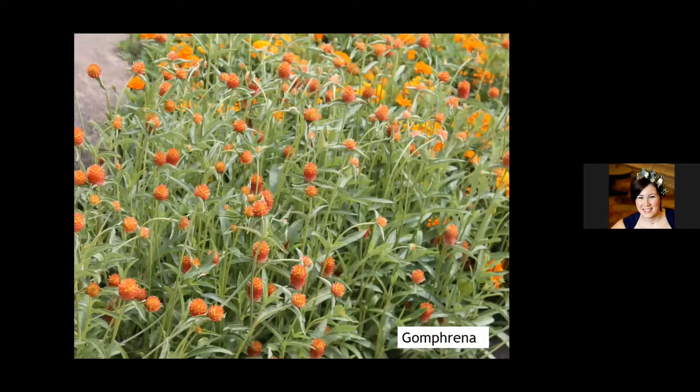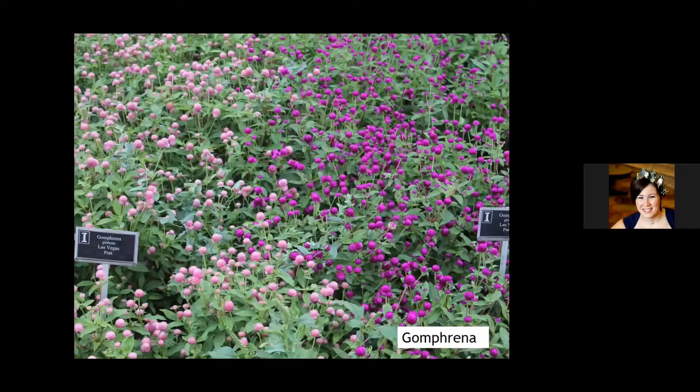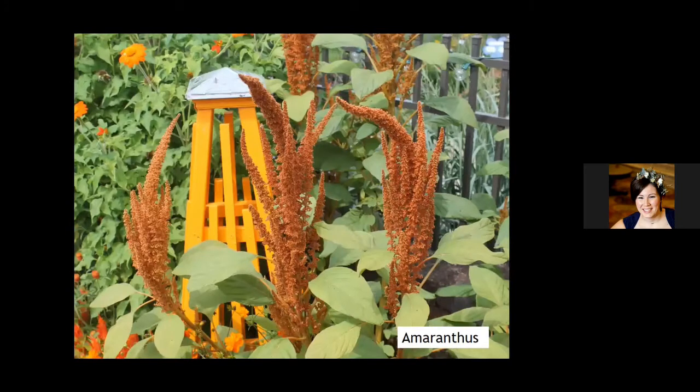Gomphrena is another great one, or globe amaranth. It also will dry incredibly well and has a lot of color selections to choose from. Love those. Amaranth are great. You can grow upright amaranth, which would be this guy here. This is going to be a taller plant. It's going to take up a little bit more space, probably more in that 4 to 5 foot range.